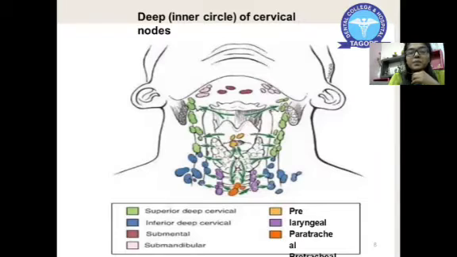And then in the deep cervical lymph nodes, we have prelaryngeal, paratracheal, pretracheal and retropharyngeal also. Usually, the retropharyngeal nodes lie up over the mastoid process.